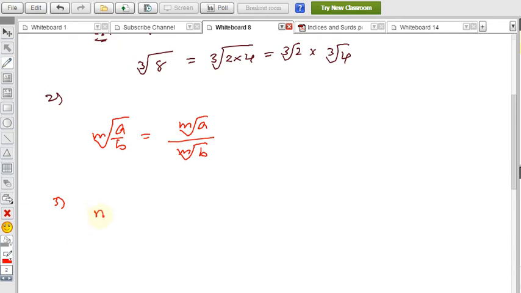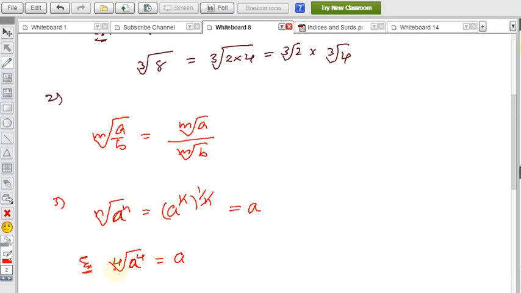Now nth root of a to the power n: nth root means power 1 by n, so the n gets cancelled and we get a. If the nth root and the power are the same, the base will come. For example, fourth root of a power 4 is equal to a only.